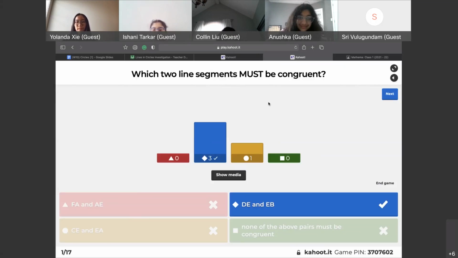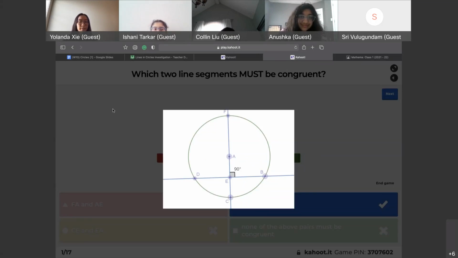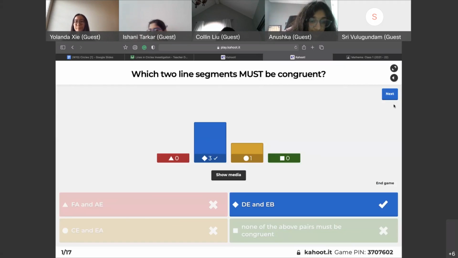Yeah, so the answer is DE and EB. If you remember, this is a perpendicular bisector because we have a chord and then a line that runs through the center of the circle that bisects it. And there's a 90-degree angle formed. So that's why DE and EB are equal.